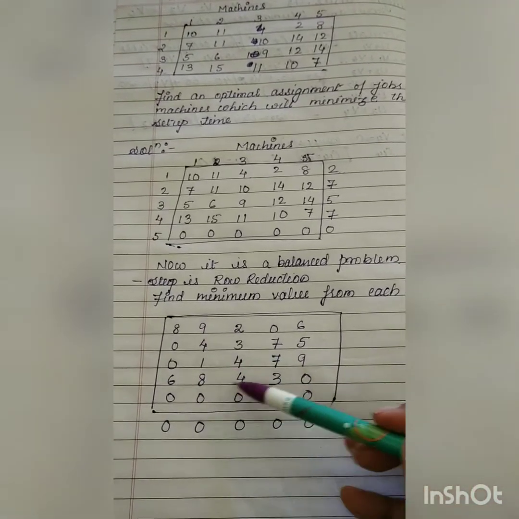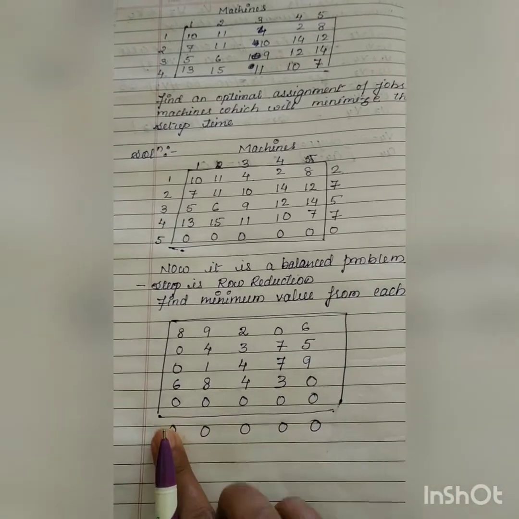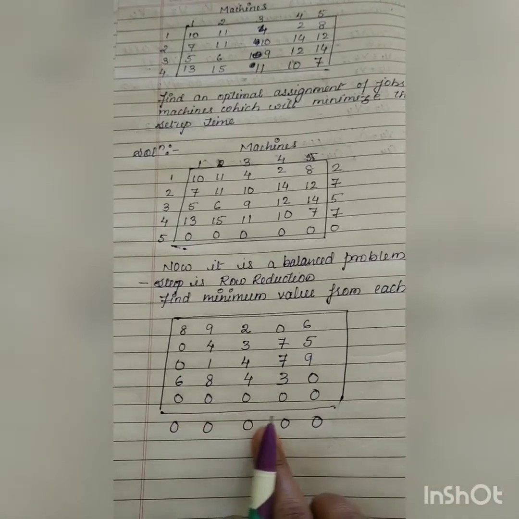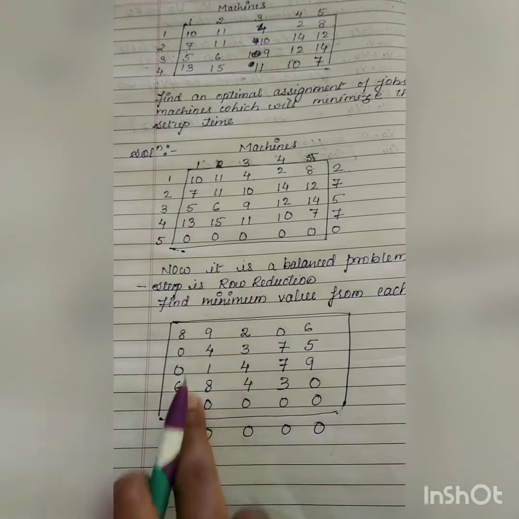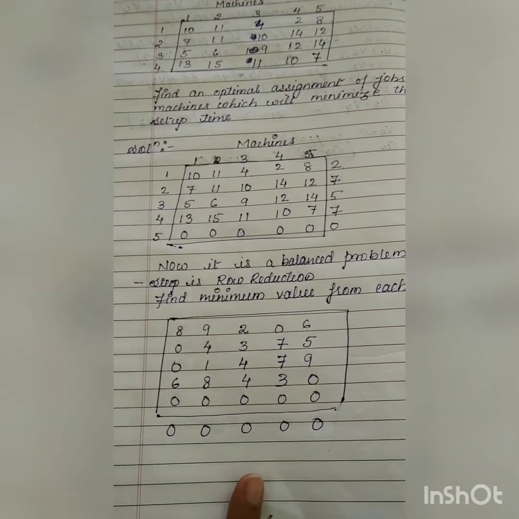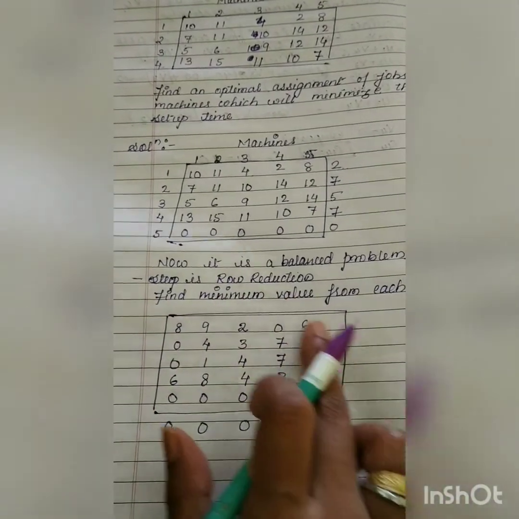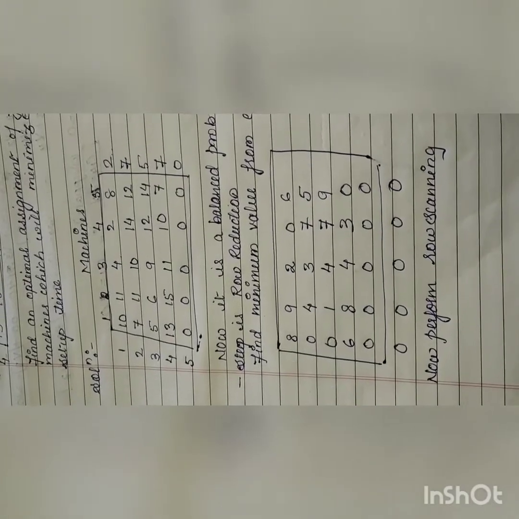Since each column has a minimum of 0, we have written all the column minimums. Since 0 will not make any difference even if we subtract, the table remains the same. Now we'll perform row scanning.